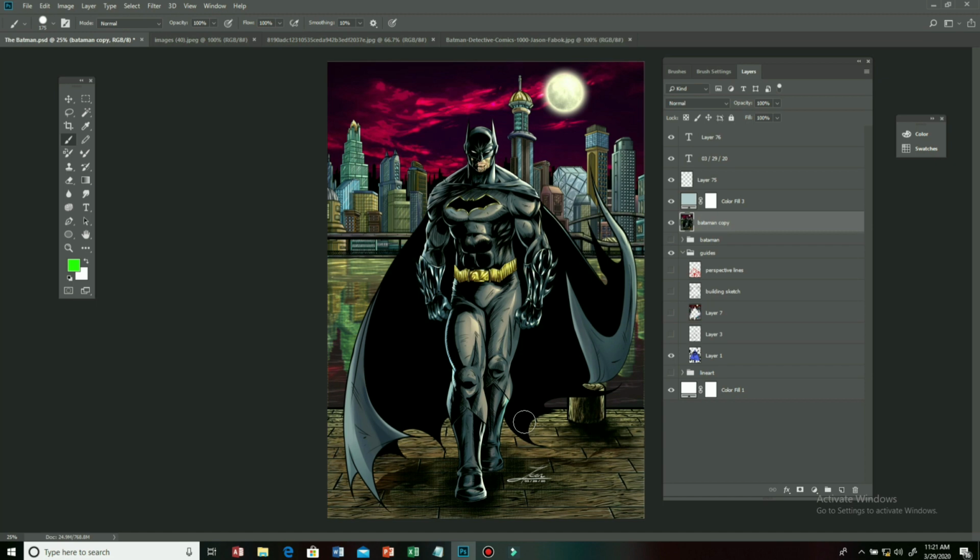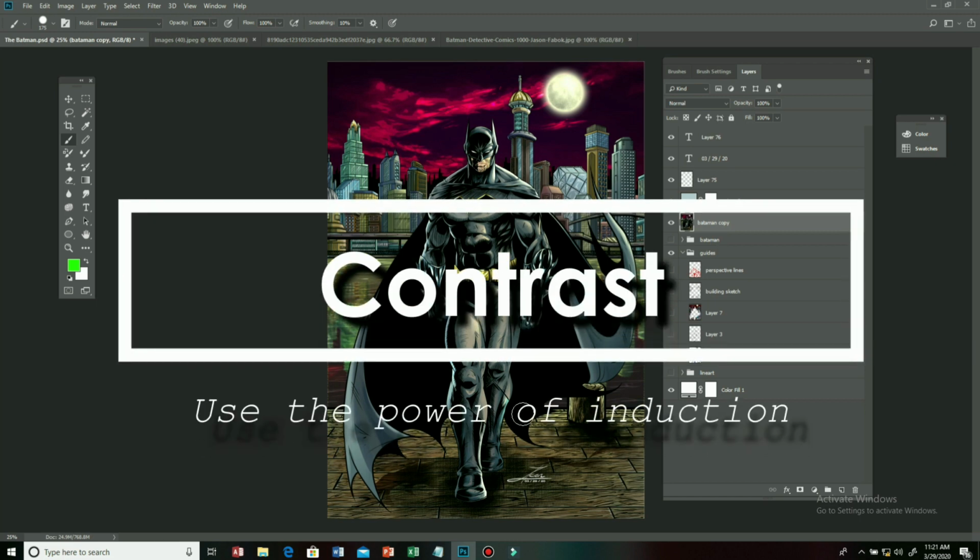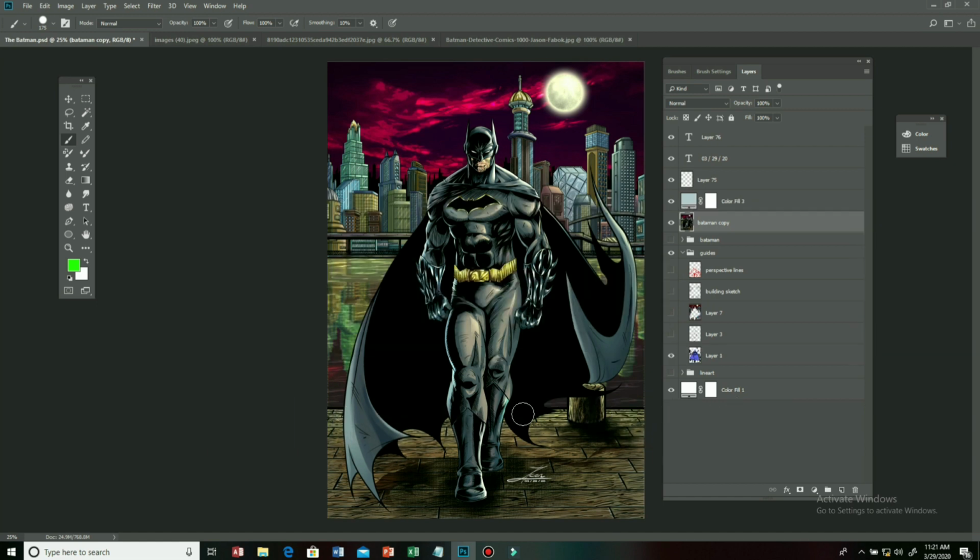The next thing that you want to consider in creating your art is contrast. Contrast is a very important thing, not only in art but also in life. We people tend to see the contrast in everything. When we see black, we tend to see white.